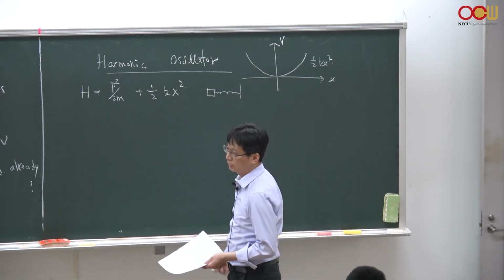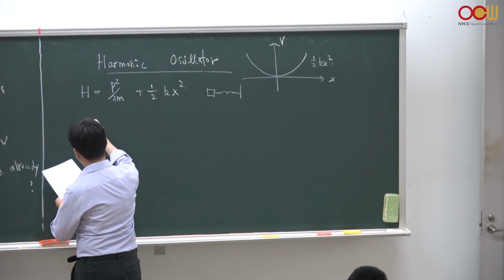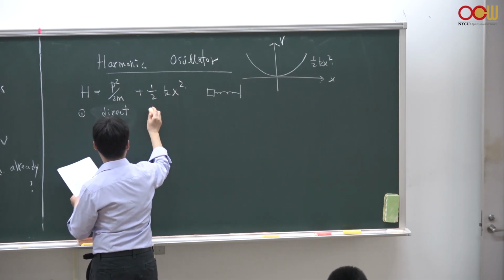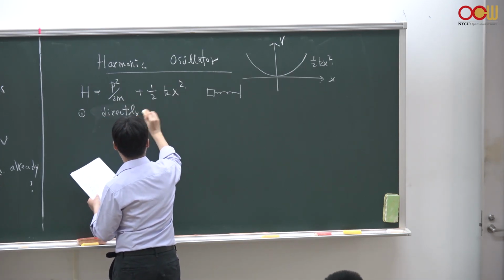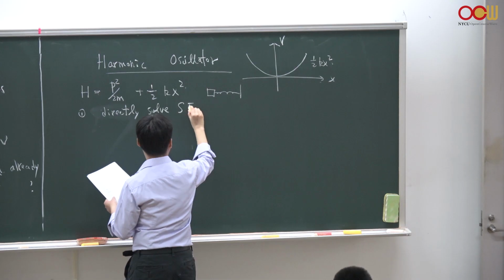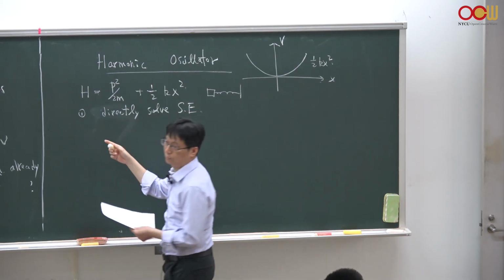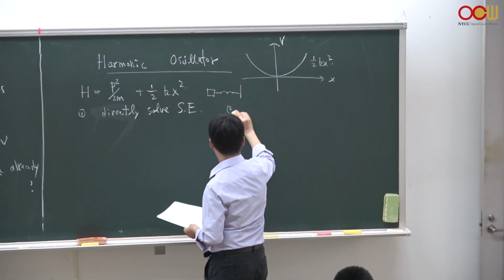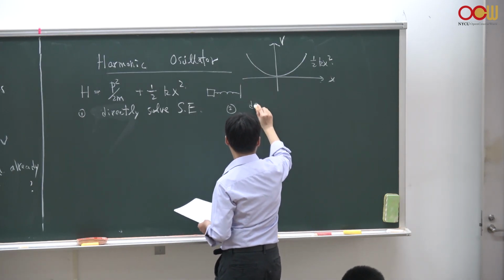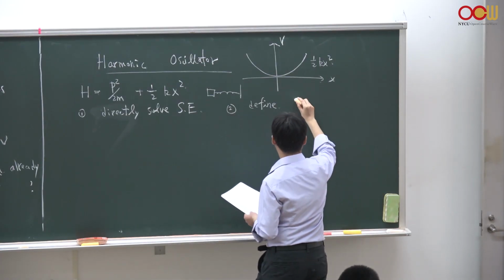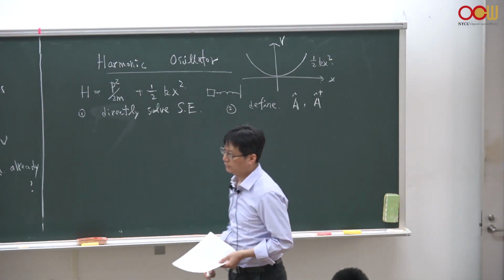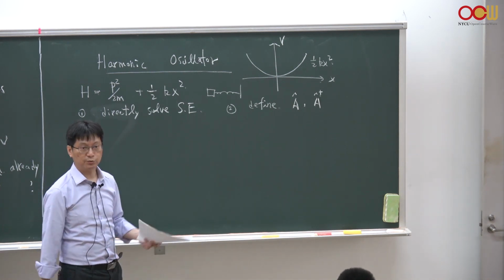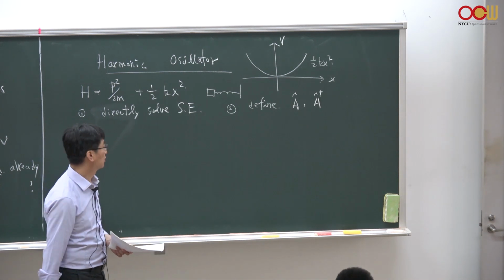So there are two ways to solve this harmonic oscillator problem. First is called the brute force way. Directly solve the Schrödinger equation, which is the way that we introduce at the end of this chapter. And the second way is to define an operator called the raising and lowering operator, a and a dagger, which will be introduced in the next chapter.